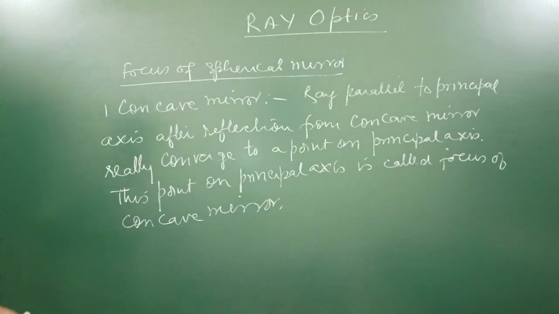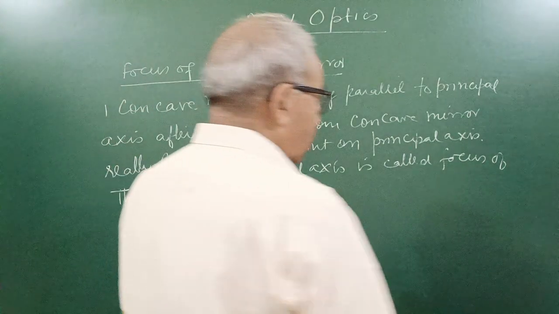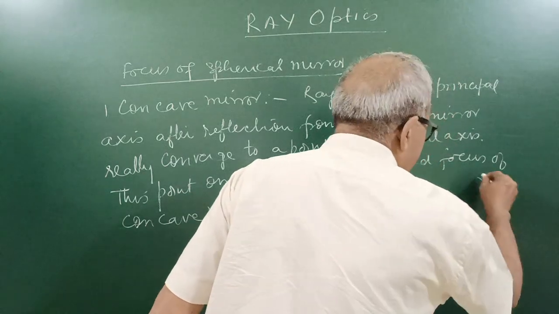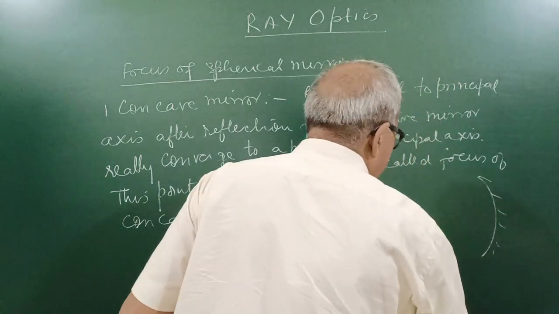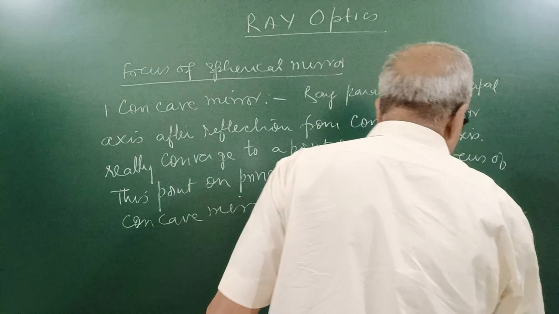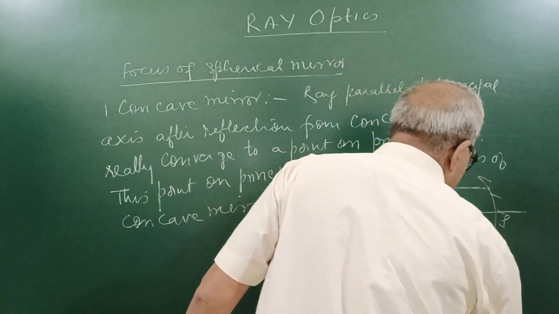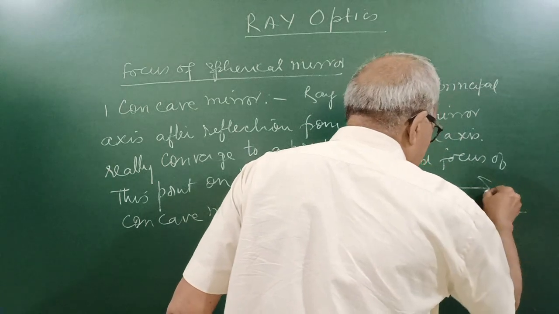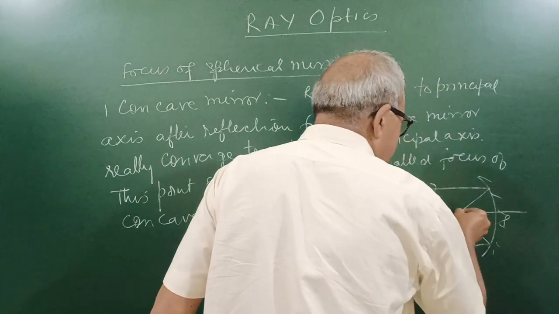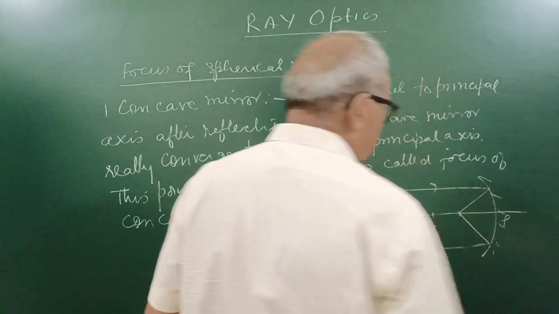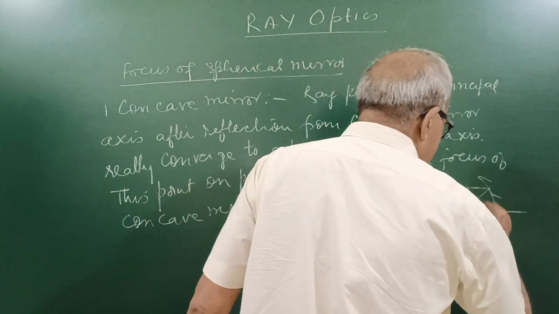Now if we come to convex mirror, here you can draw this diagram. I had made it: concave mirror, principal axis, pole, here C. Rays parallel to principal axis, I am repeating because this point is important, converge at this point. All the rays coming parallel to principal axis.